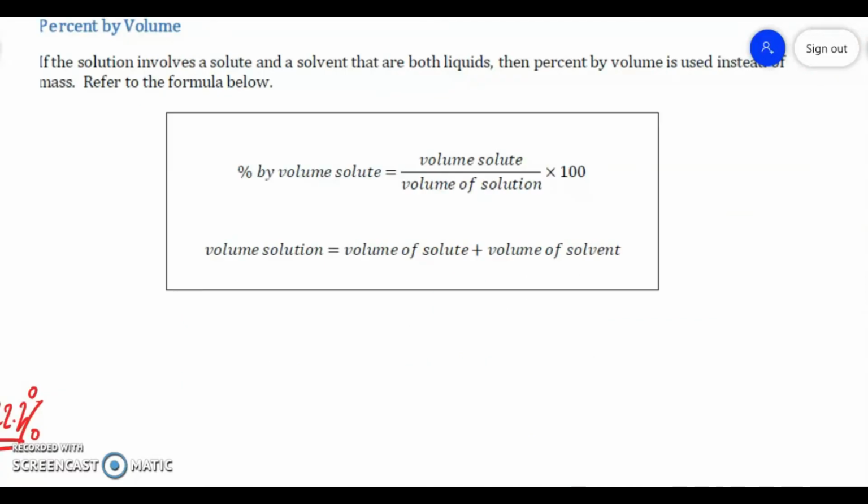Next, percent by volume is used if the solution involves a solute and solvent that are both liquids. So take note of this: the solute and the solvent should be both liquids, then percent by volume is used instead of by mass.